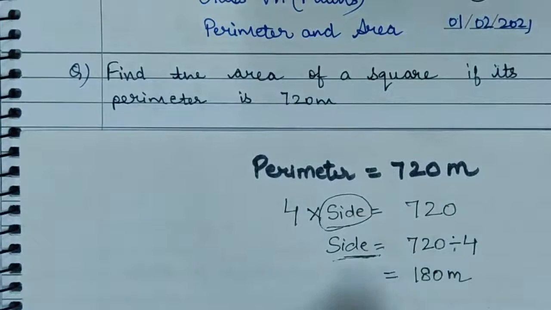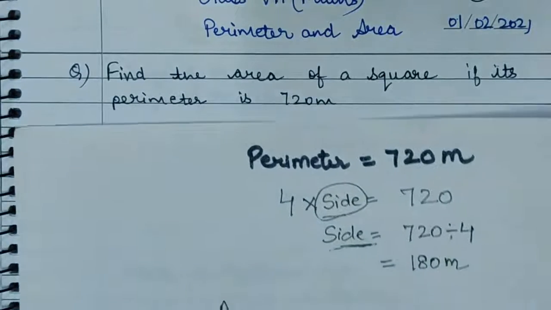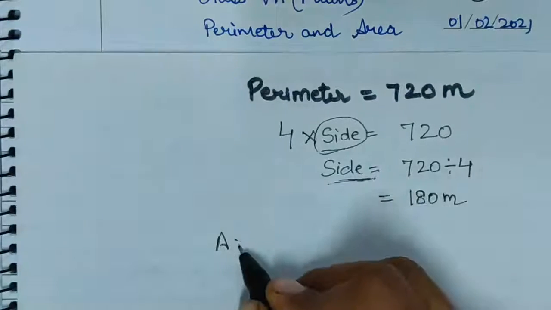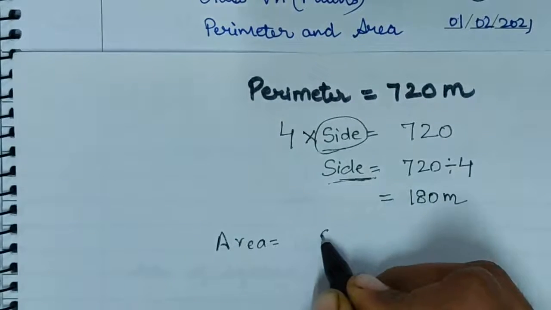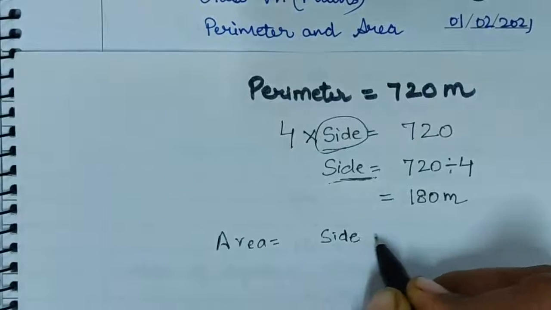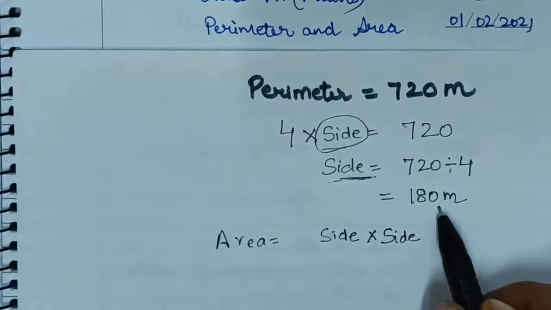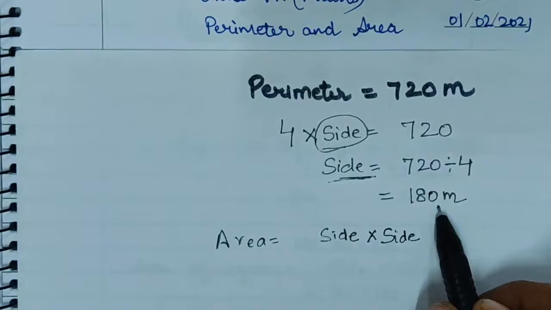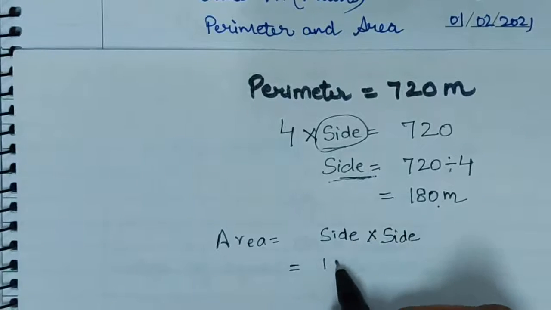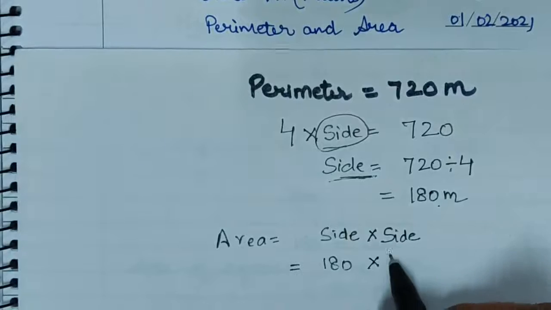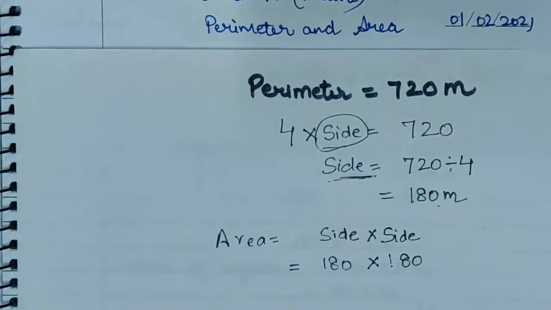Now area is equals to side into side. Side we have already found out, that is 180 into 180.